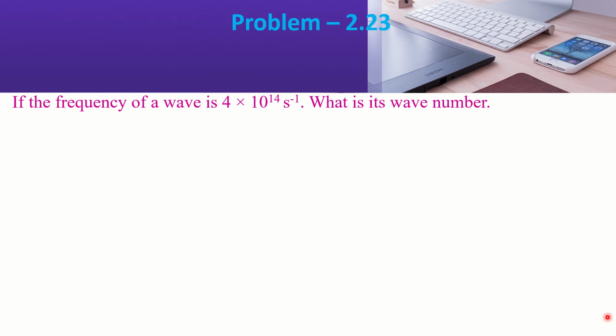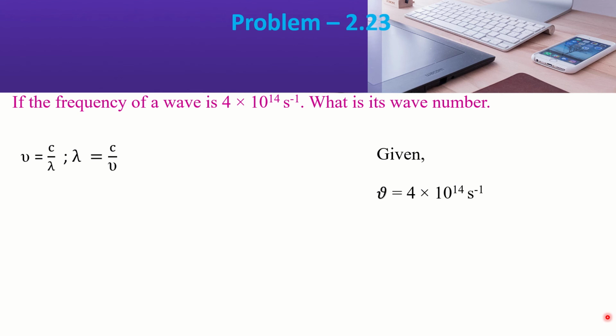We know wave number equals 1 by lambda. So to find the value of wave number, at first we have to find the value of wavelength. Here frequency is given, 4 × 10^14 second inverse. And you know velocity of light is 3 × 10^8 meter per second.